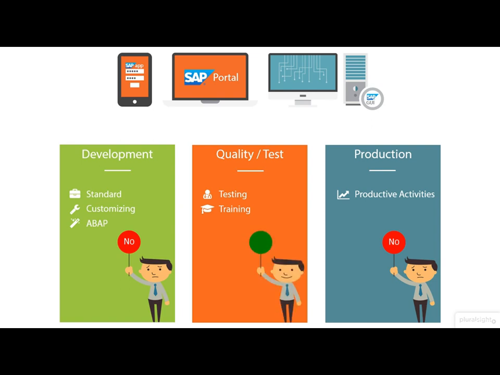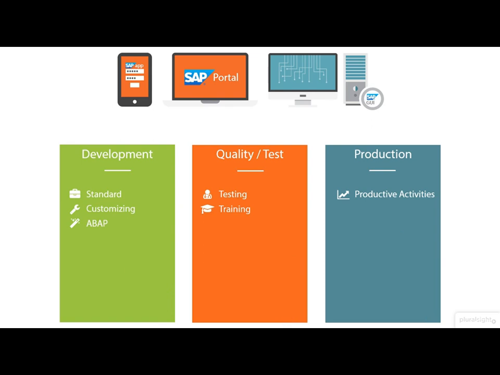So we need a third system, also known as quality or test system, a near productive environment with near productive data that enables the business users to run near productive tests and allows the beginner users to learn without hurting the productive activities. So we split these responsibilities and activities into separate systems, enabling the users to develop, test, learn and run productive business activities at the same time without hurting each other's.